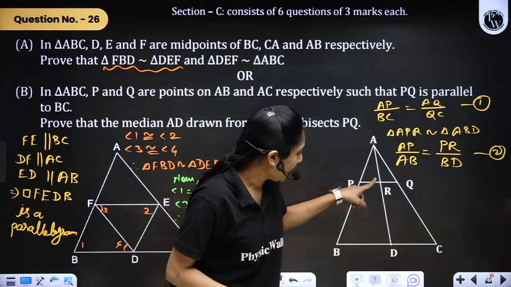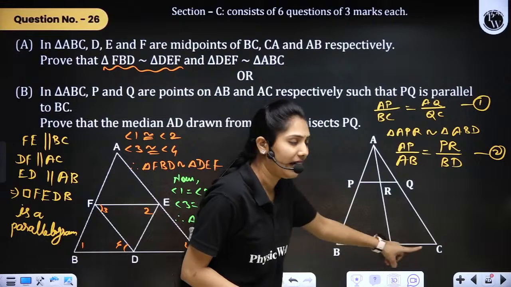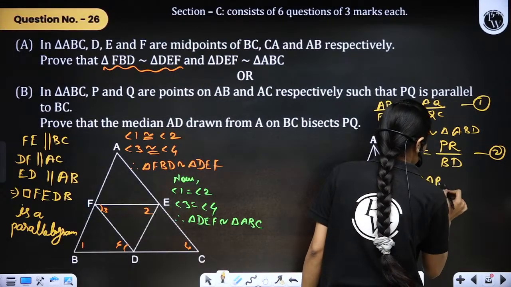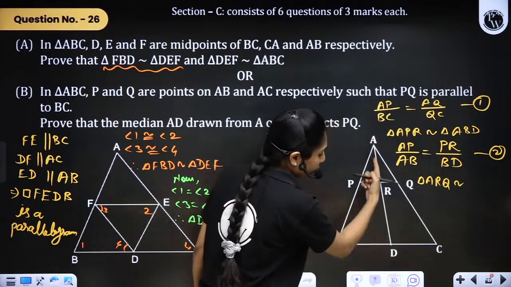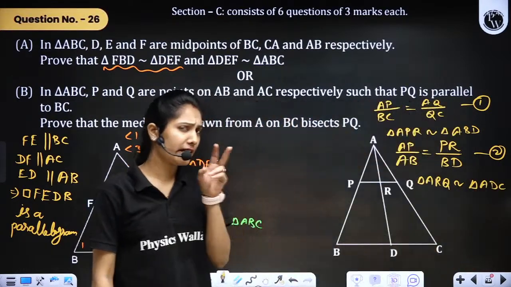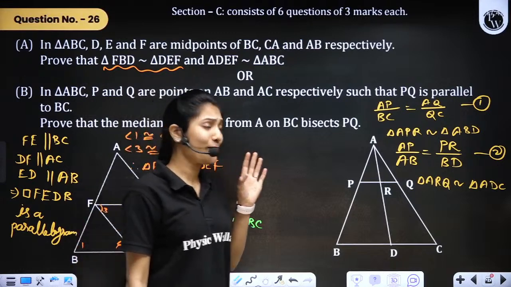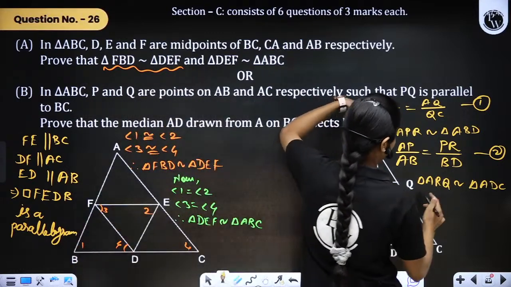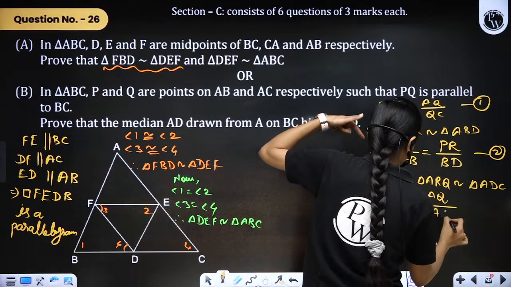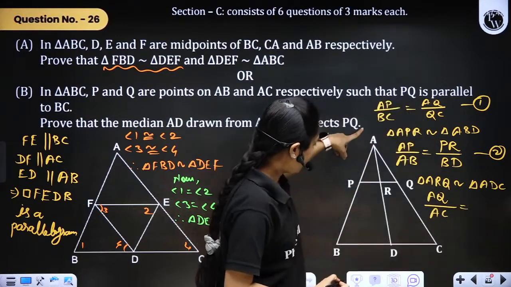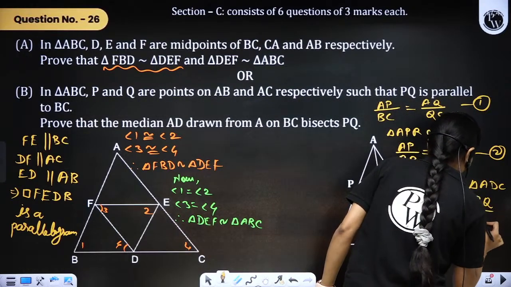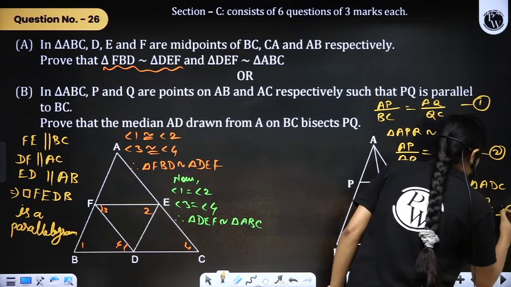Similarly, ARQ is similar to ADC. Since these two triangles are similar, AQ upon AC is equal to RQ upon DC. Let it be equation number 3.